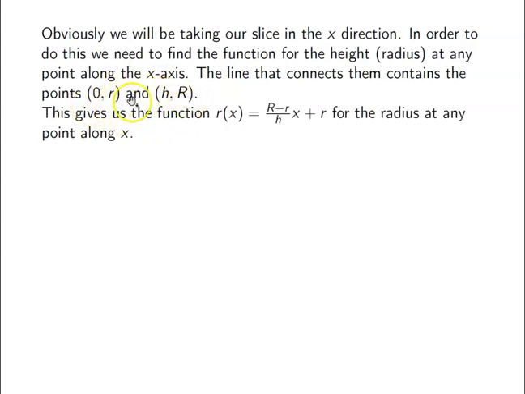If we subtract the y's, big R minus little r, over h minus 0, that just gives us h in the denominator. So that is the slope times x plus b. Our b in this case, the y-intercept, is little r. So this is a relatively easy function for us to find for the radius at any point along x.